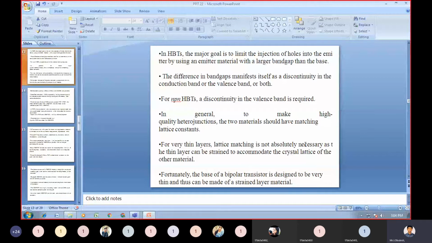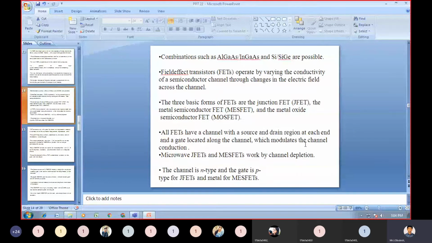Fortunately, the base of a bipolar transistor is designed to be very thin, thus it can be made of strained layer material. Combinations such as aluminum gallium arsenide or indium gallium arsenide with silicon or silicon germanium are possible.